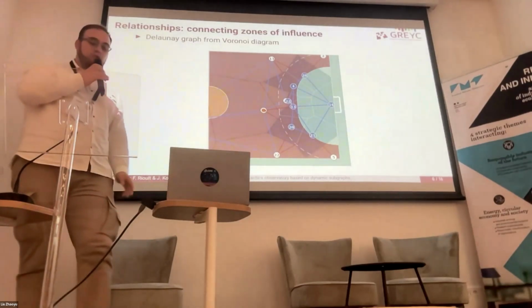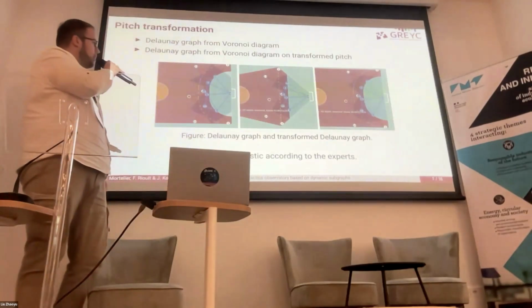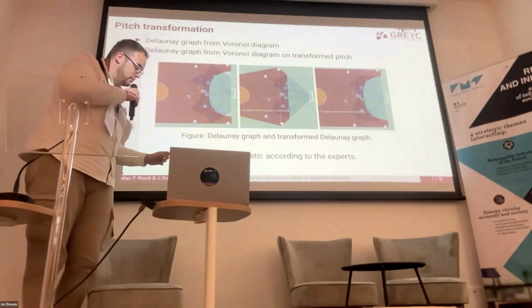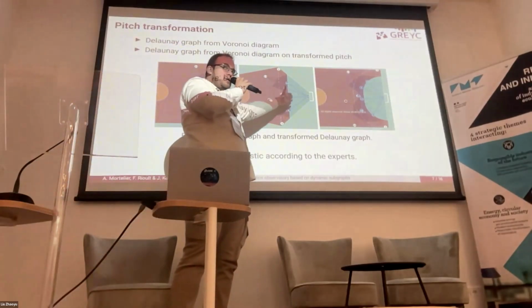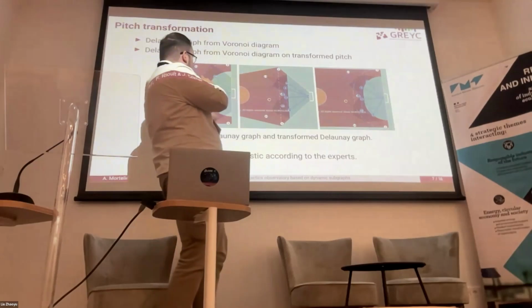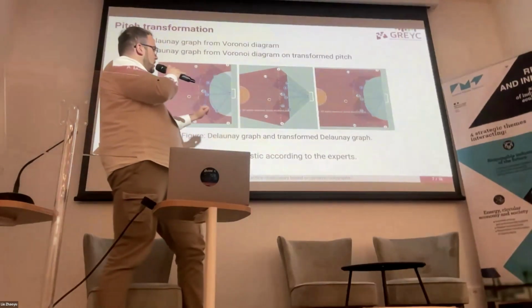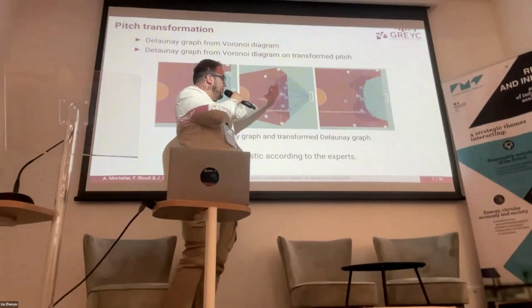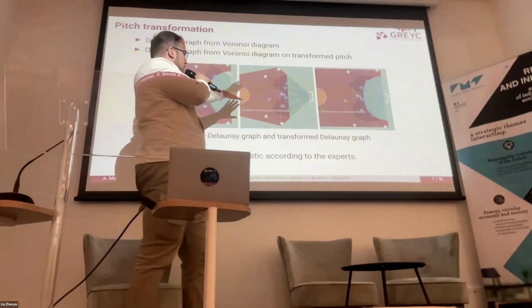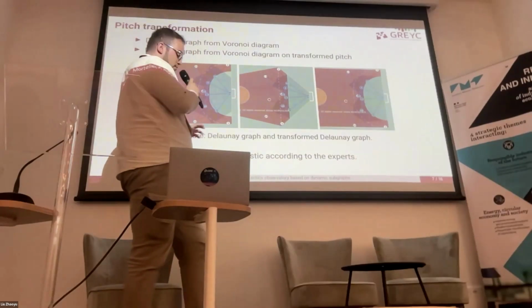So we use a gnomonic transformation to uncurve this zone to have a straight line. As you can see, the defense around the zone is a wall, and when we do the transformation, we have a better understanding of this situation.